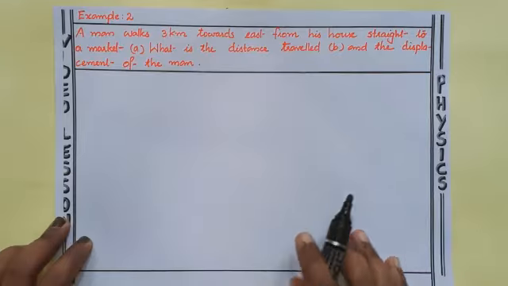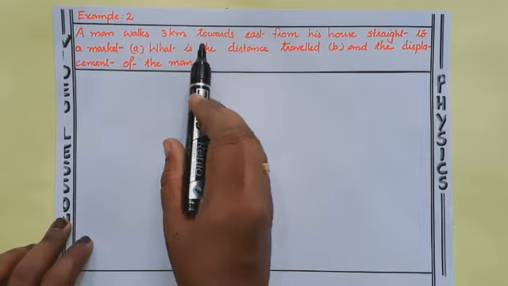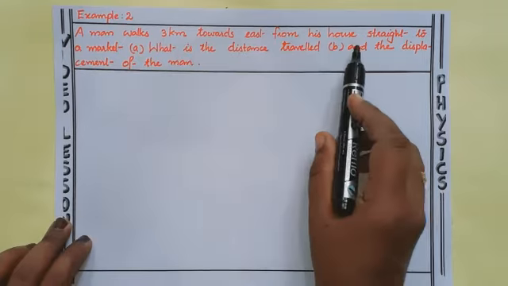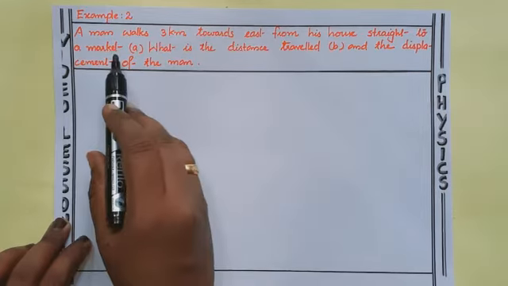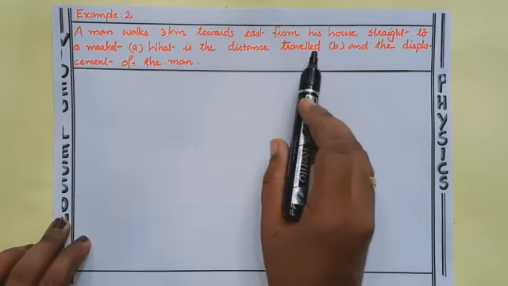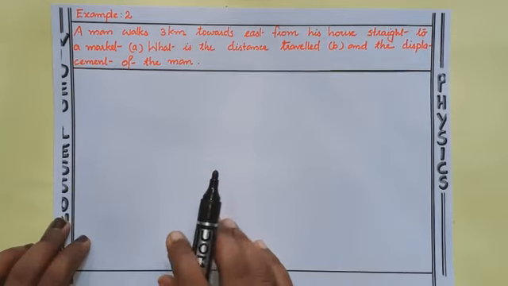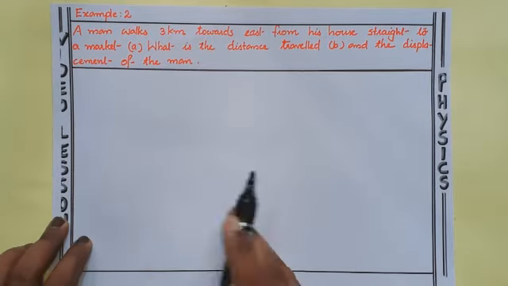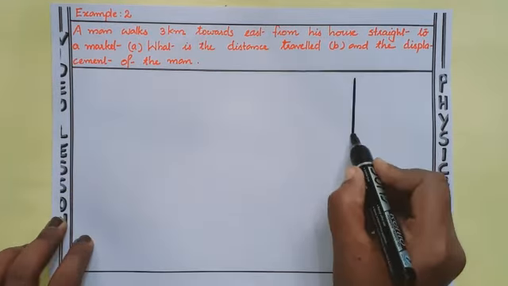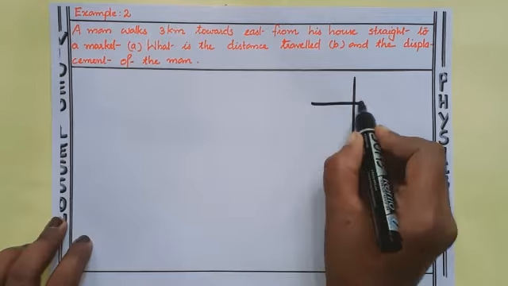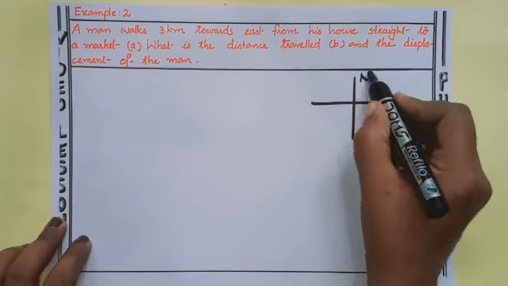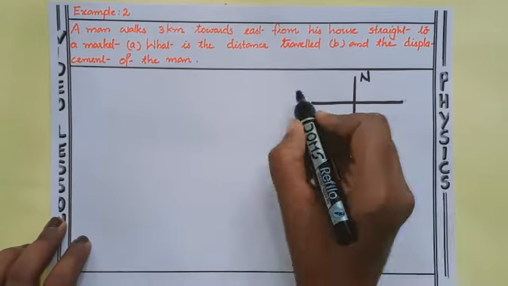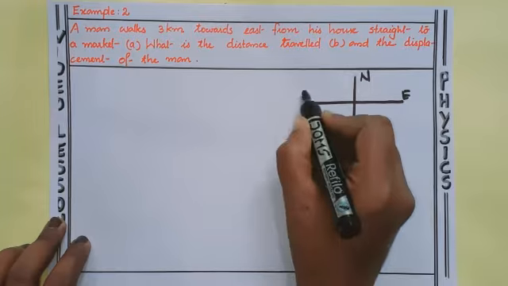Example 2. A man walks 3 kilometers towards east from his house straight to a market. What is the distance traveled and the displacement of the man? Here we can draw the directions: north, south, east, west.